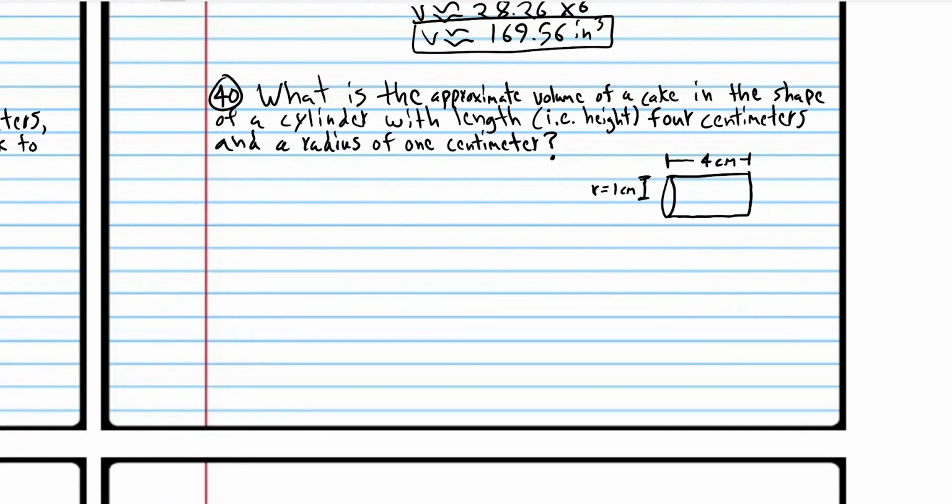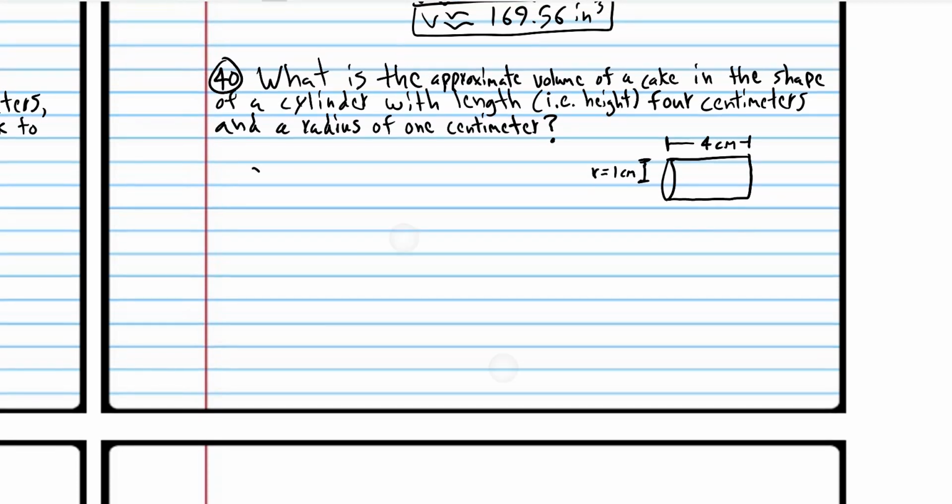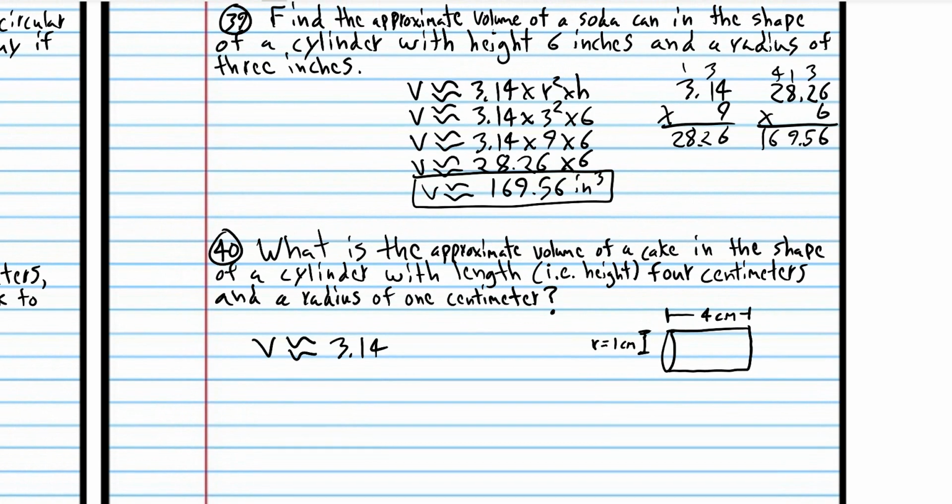Number 40, what is the approximate volume of a cake in the shape of a cylinder with length 4 centimeters and a radius of 1 centimeter? So in this case, we're calling it the length, but it's actually the height if you set it up so it's resting on the circular portion. So volume is approximately equal to 3.14 times r squared times height.